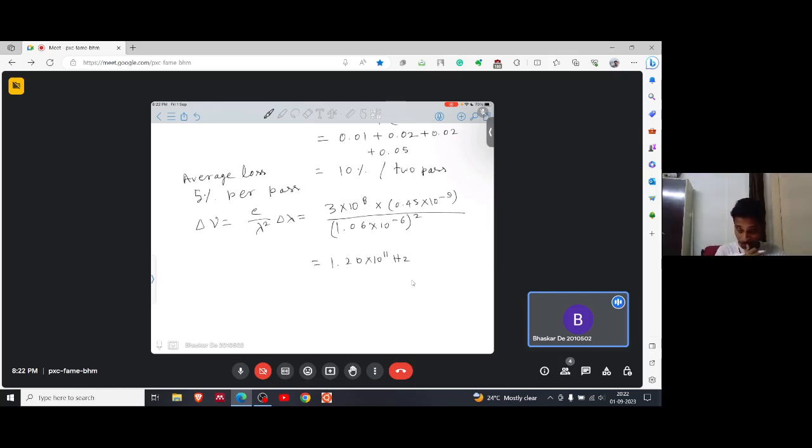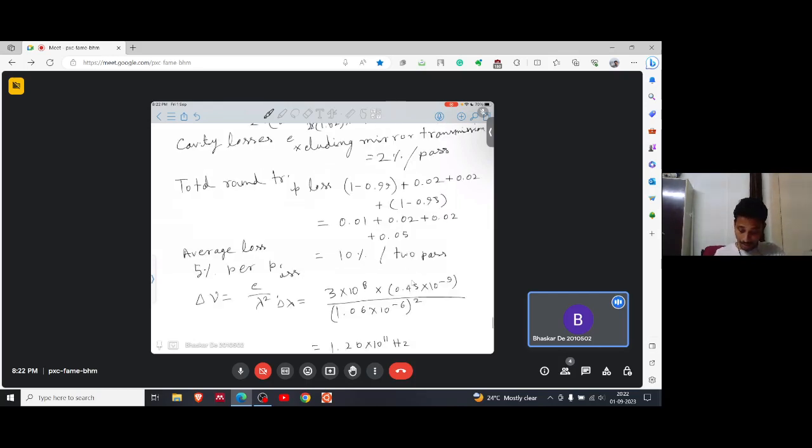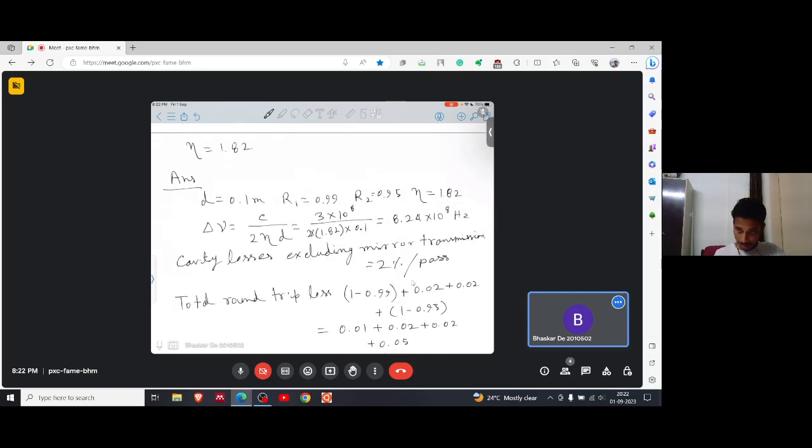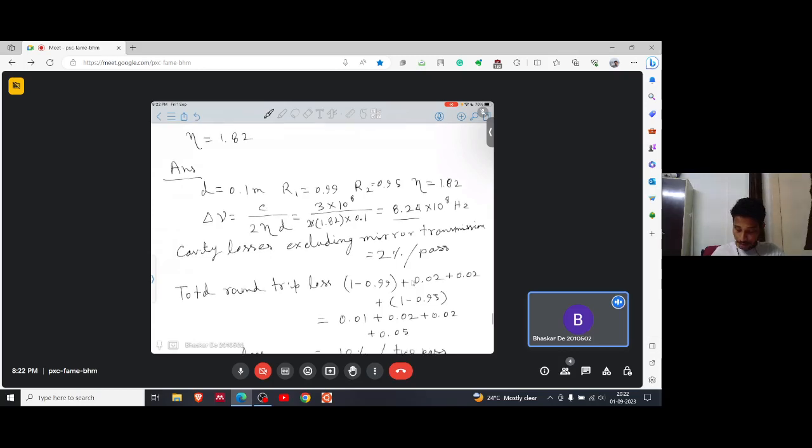So this is the maximum emission width of the laser. And the mode spacing is given by this quantity.